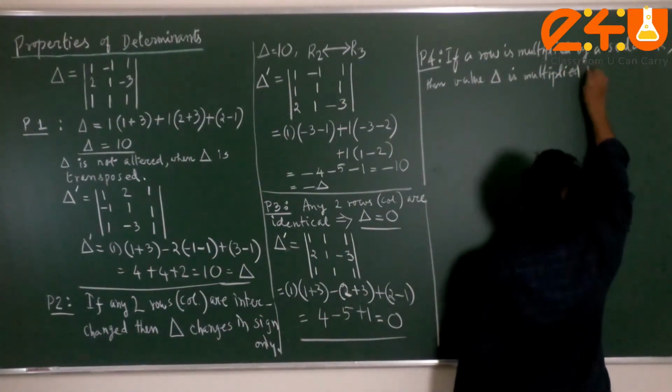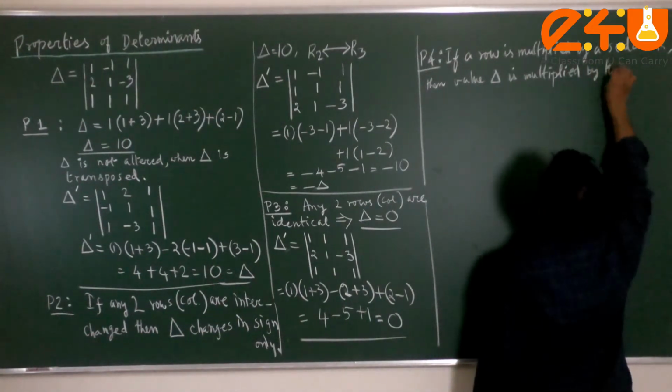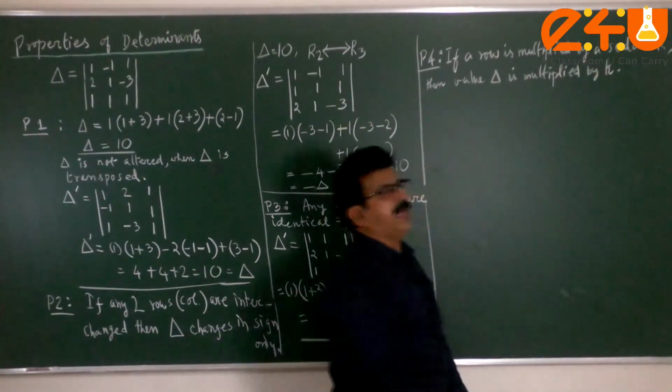So let me write, instead of saying same scalar, K multiplied by delta.